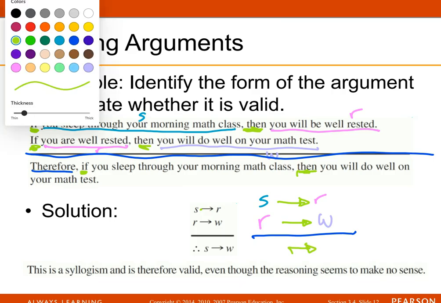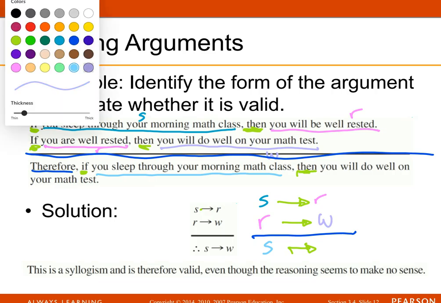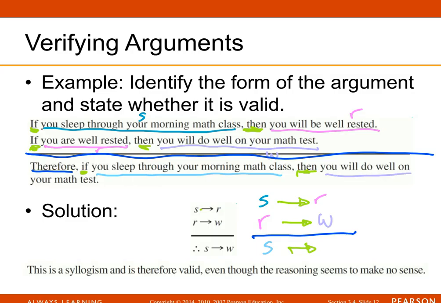And you sleep through your morning class is the letter S. I think that's a different blue, but you get the idea. And then you will do well on your math test. So that's the W again.